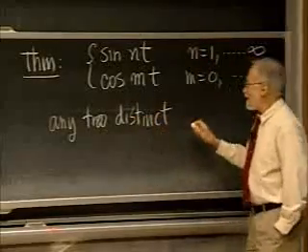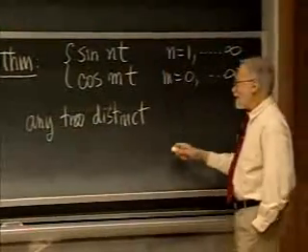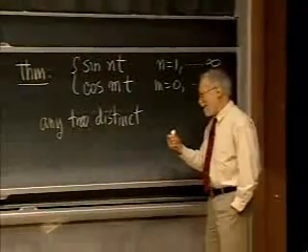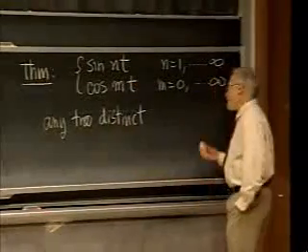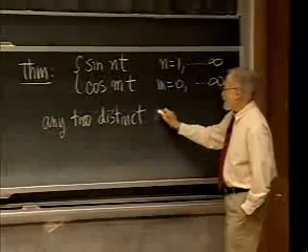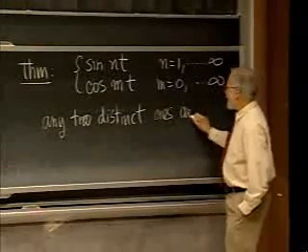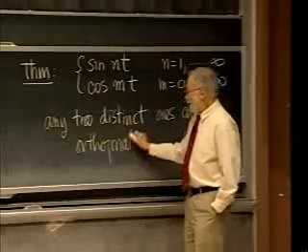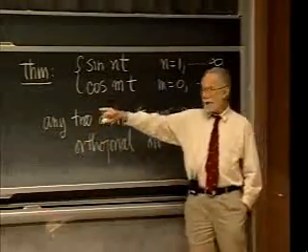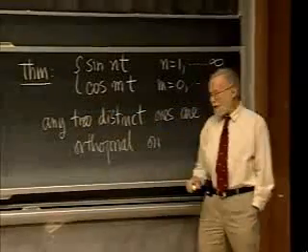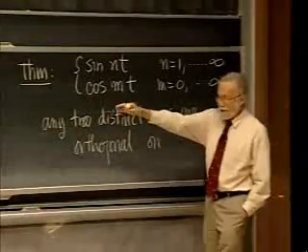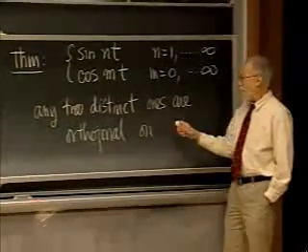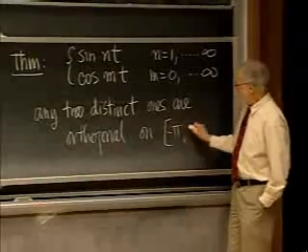Of course, they all have period 2 pi, so they form into this general category, but any two of the distinct ones are orthogonal on the interval from minus pi to pi.